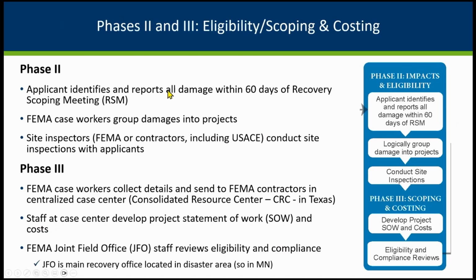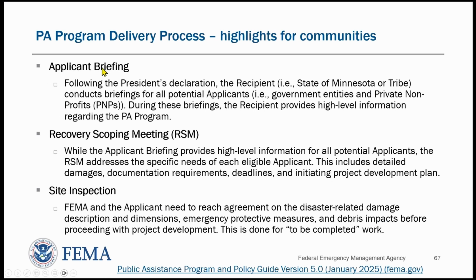And then the other steps here in the process where they're checking what you've done and inspecting and getting the reimbursements out there. From a FEMA slide here, the big ones are that applicant briefing, that's within a month of the declaration, that recovery scoping meeting, and the inspections. One thing I will mention is that part of the inspection and process to determine that those projects were done properly is making sure proper permits were given for the work that's in the mapped floodplain.